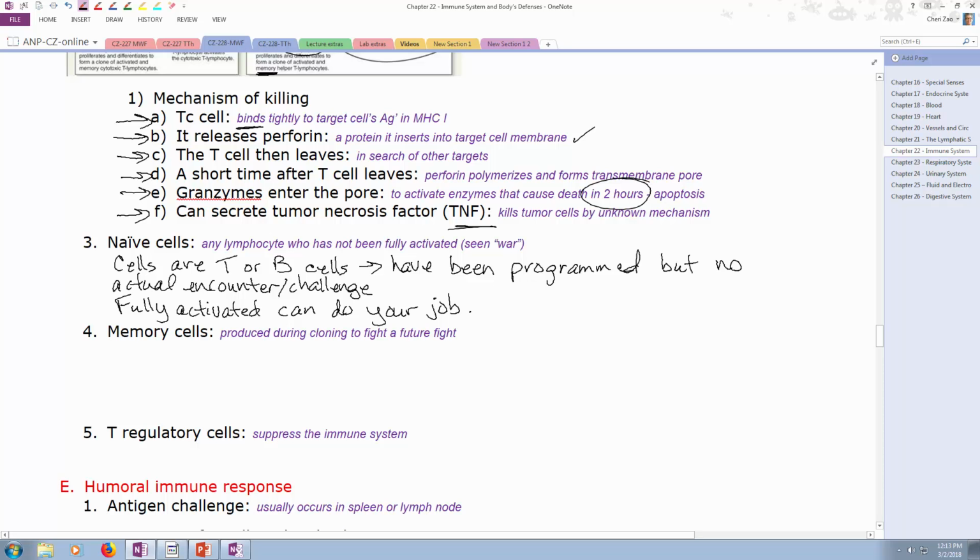Memory cells are always produced during cloning for future fights. They are like the guys in reserves. Similar to what the military is. And you only get memory cells if you've been activated.